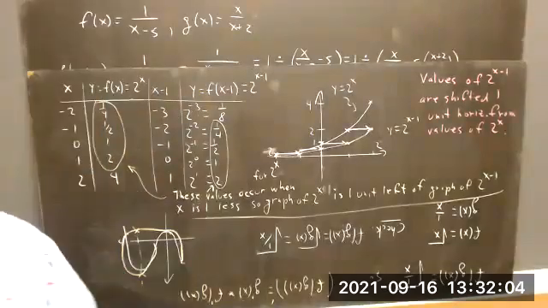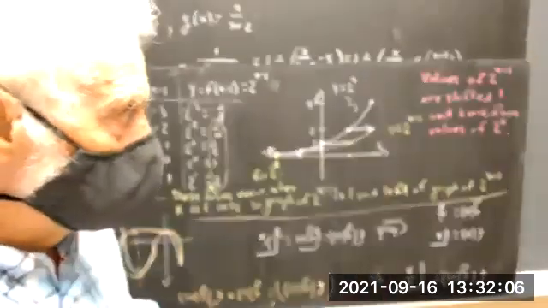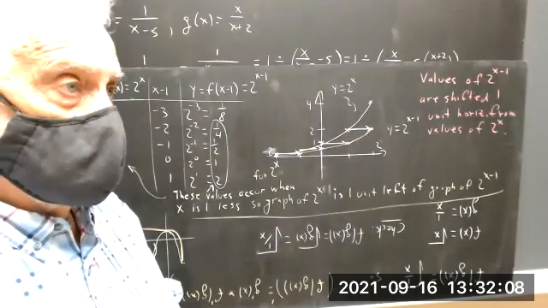So the values of 2 raised to the x minus 1 are shifted 1 unit horizontally from the values of 2 to the x.